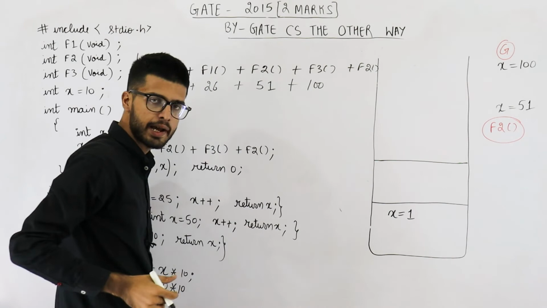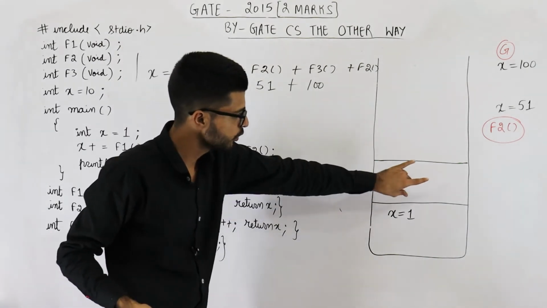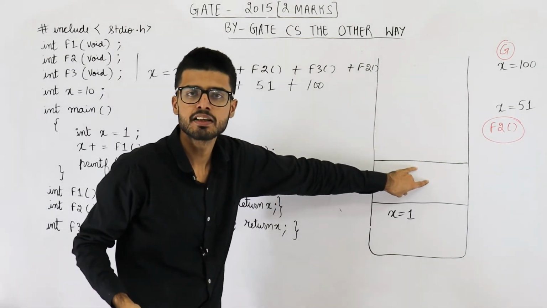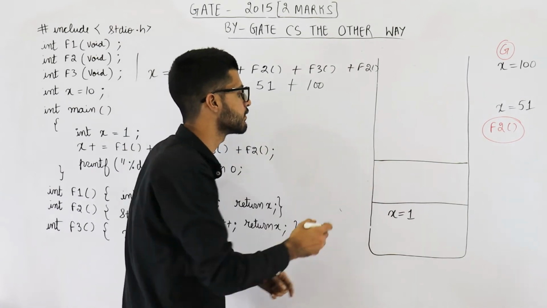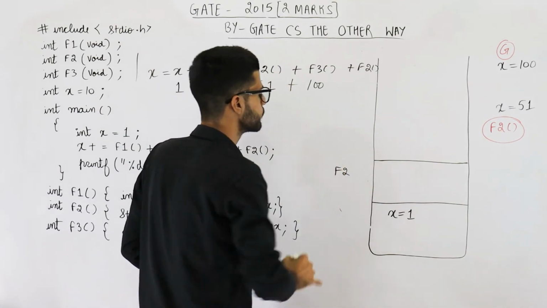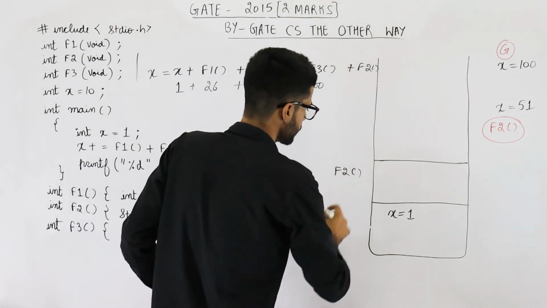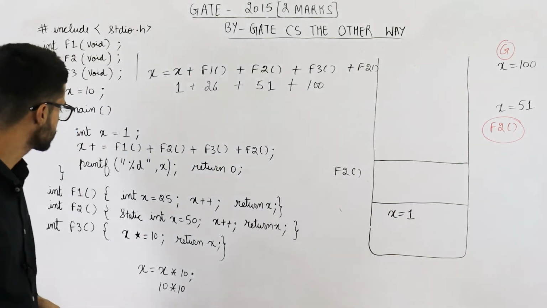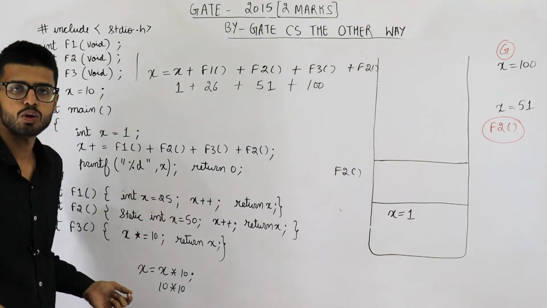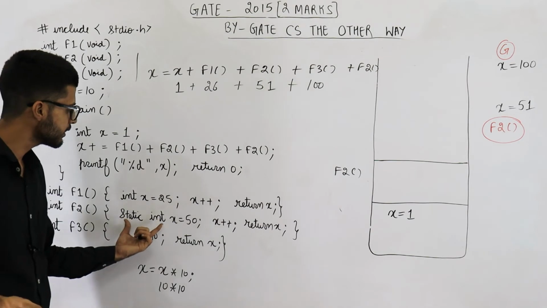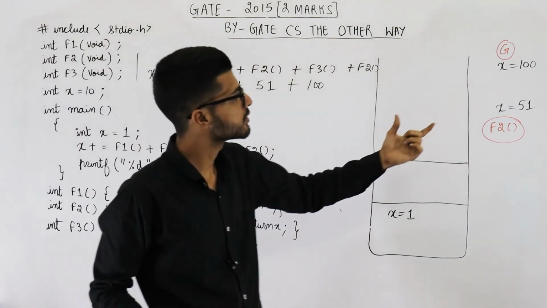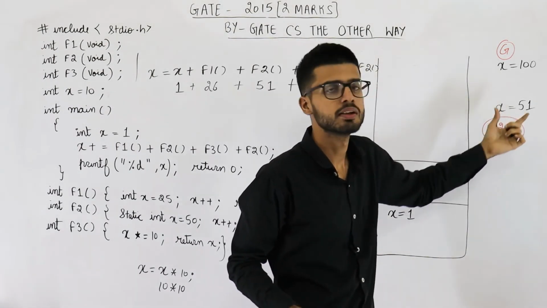Next call is for function f2. Now a new function f2 is called and its activation record is pushed. This is the activation record for function named f2. You can see the first line in f2 is static int x is equal to 50. But the static variable is already declared.